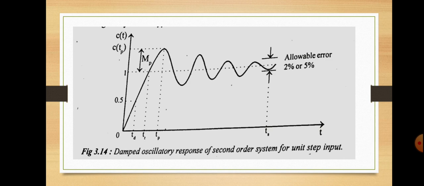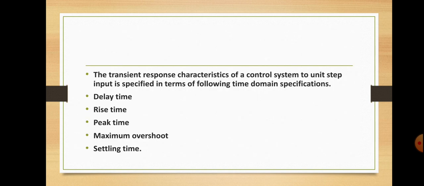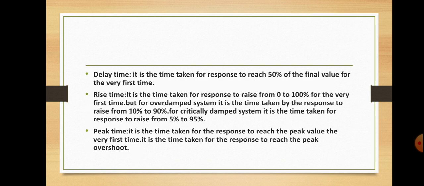That means C of Tp is the maximum value that the curve attains, but C of infinity is the final value. We are assuming that the system will reach its original value at infinite time. That means it will go to the steady state at a time equal to infinity.